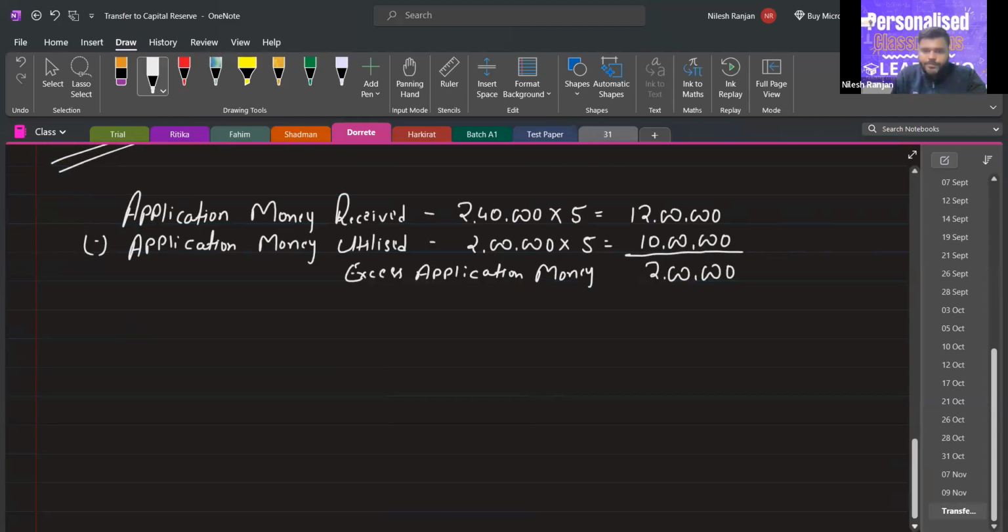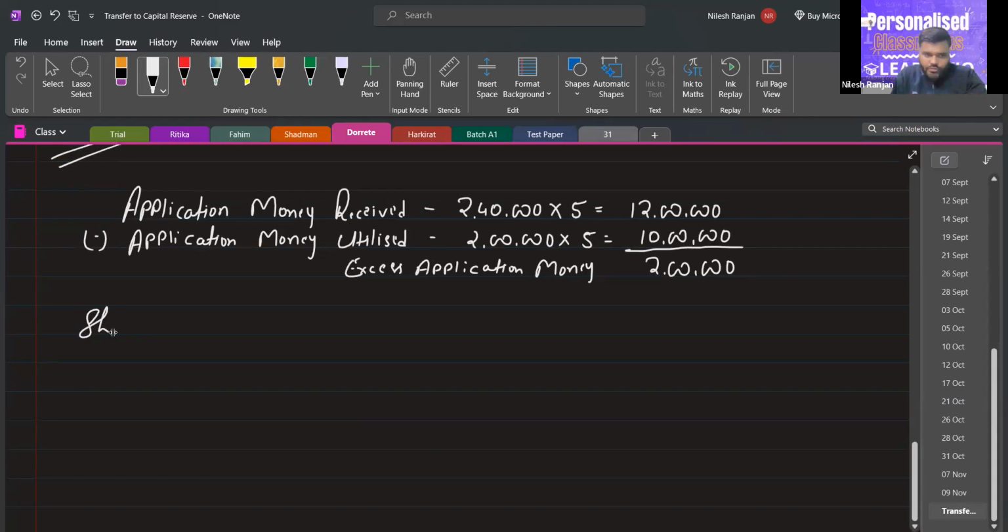Okay. So now we will talk about share allotment. Now, can you tell me, Harkirat, on which amount the allotment money will be calculated? On which number of shares? How much shares do we have to calculate allotment money on?